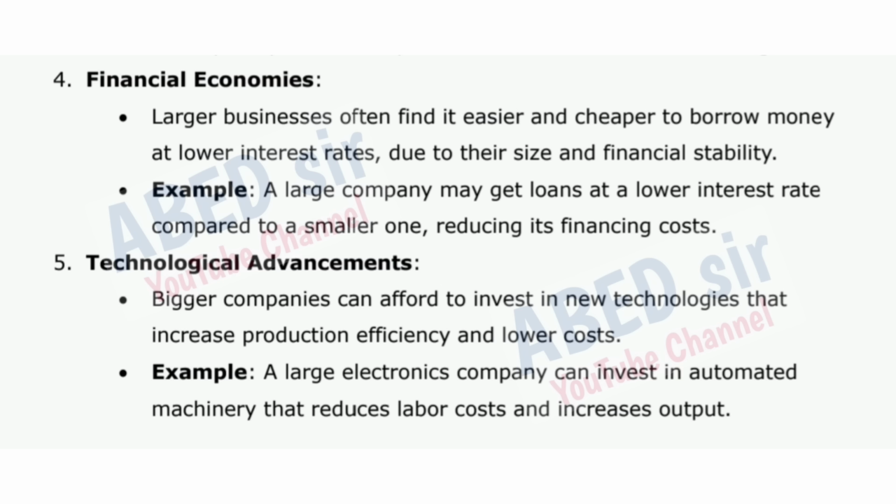Example, a large company may get loans at a lower interest rate compared to a smaller one, reducing its financing costs. 5. Technological advancements. Bigger companies can afford to invest in new technologies that increase production efficiency and lower costs. Example, a large electronics company can invest in automated machinery that reduces labor costs and increases output.